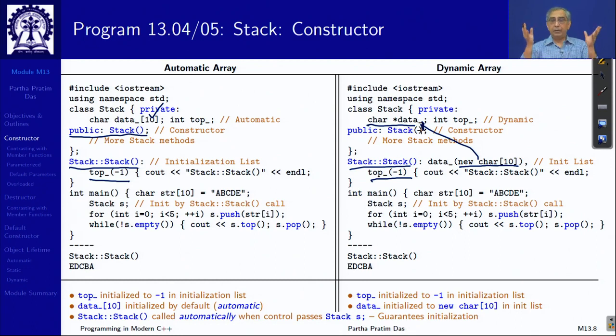Whatever internal structure I may have, whether a static array, automatic array, dynamic array, or a linked list, I do not need that to be exposed. All that the compiler knows is that I say stack S. So the constructor will get called, and it will do the job, which makes it a very, very clean solution.